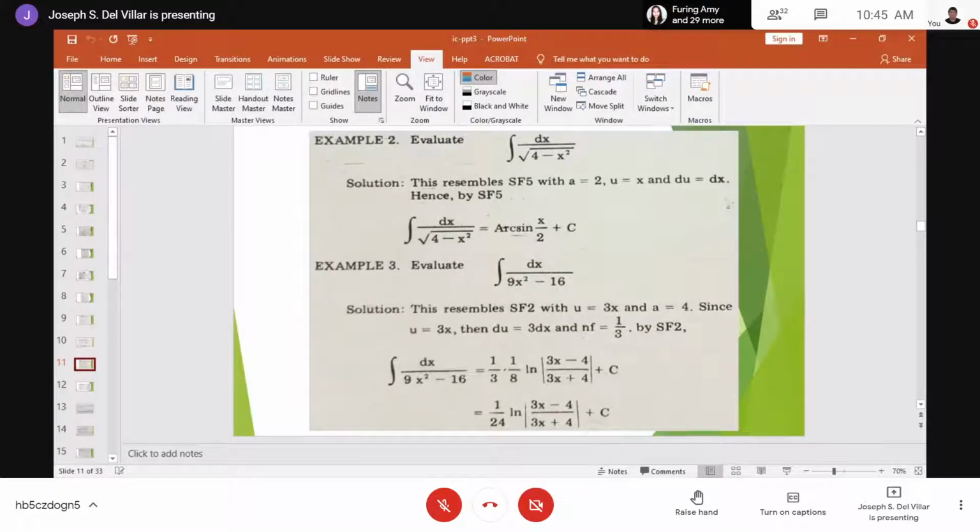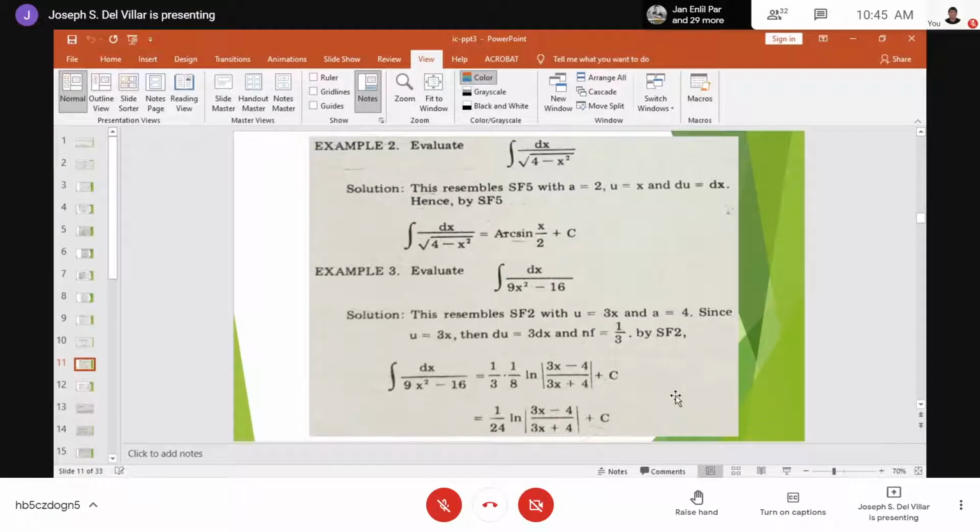Then natural log of u minus a, so that is 3x minus 4 all over 3x plus 4, absolute value, ln, plus C. Simplifying further, we have 1 over 24 times the natural log of the absolute value of 3x minus 4 all over 3x plus 4, plus C.